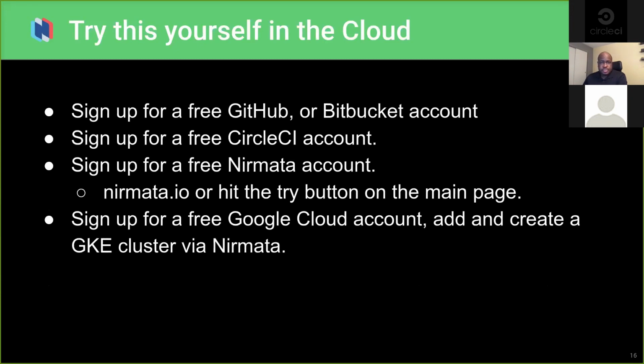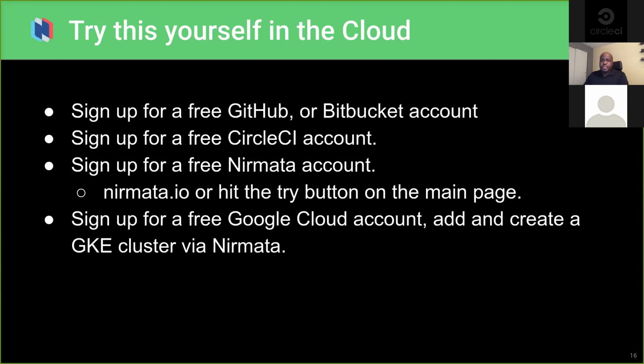So you can try this yourself. Not going to cost you anything as long as you're careful. Sign up for a free GitHub account. I'm pretty sure you can do it with Bitbucket, but I've not tried it with a free Bitbucket account. Sign up for a free CircleCI account. You can sign up for a free Nirmata account.